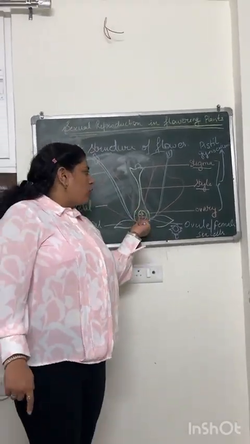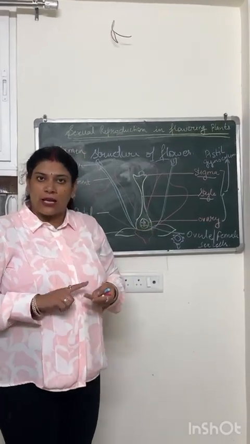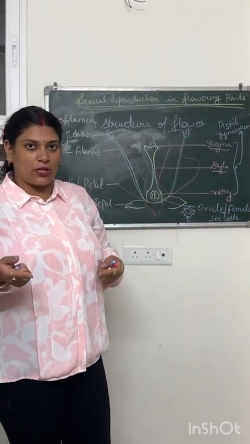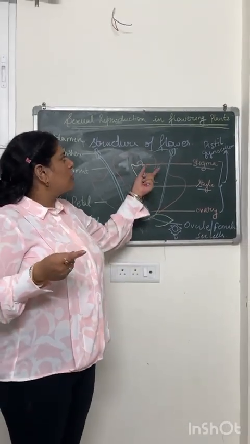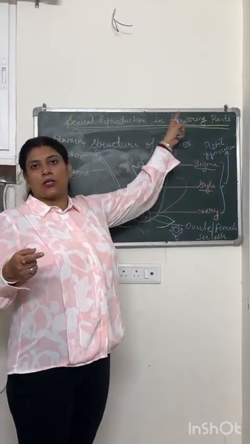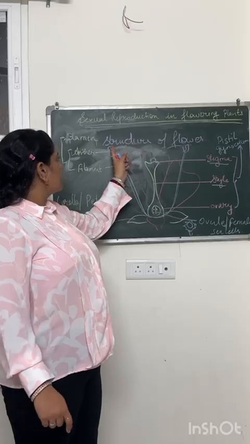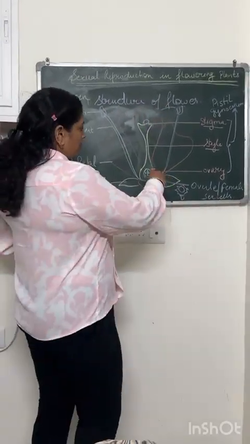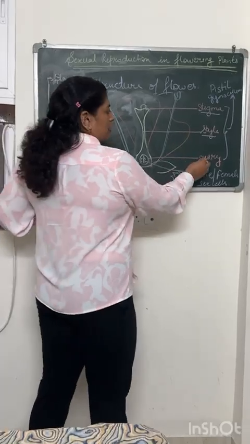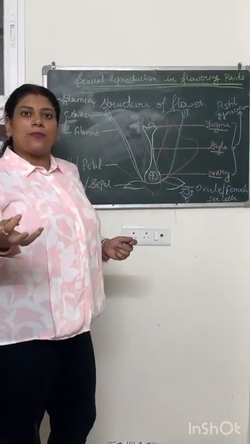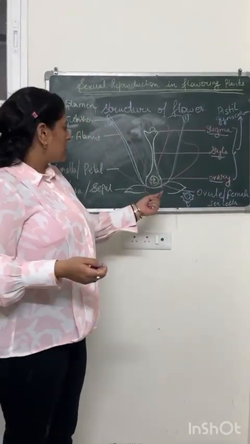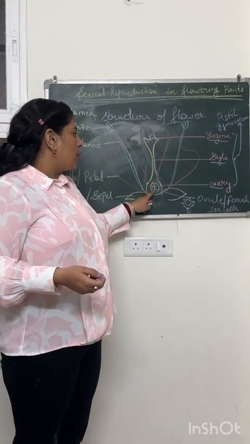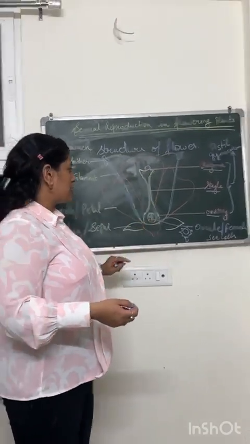जब ये ovary तक पहुंच जाता है फिर fertilization होती है, और fertilization के बाद there is a post-fertilization event. So three events we have to study under sexual reproduction in flowering plants. So we are basically now studying only the structure of flower. So next is ovary. So what is ovary? It is basically receiving the male gametes which are transferred through pollen grains via pollen tube, right, for fertilization.